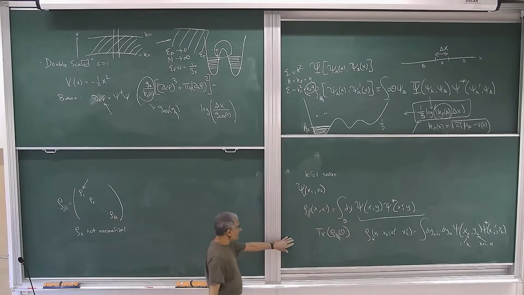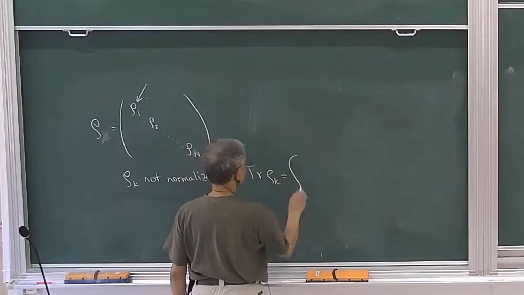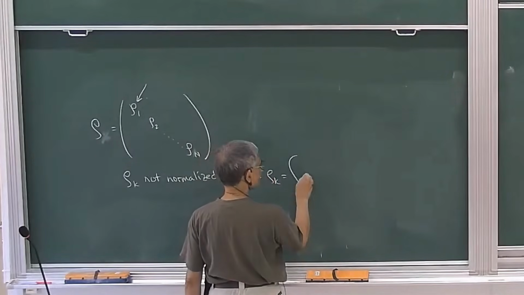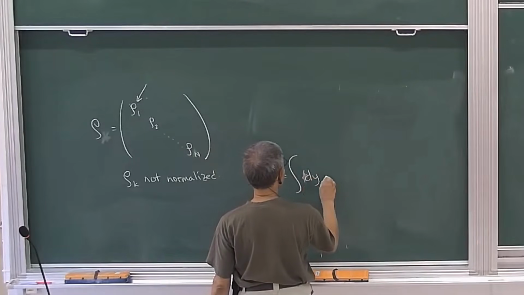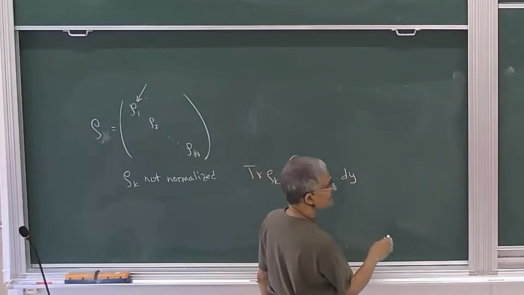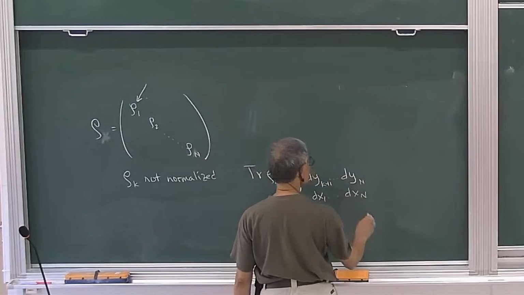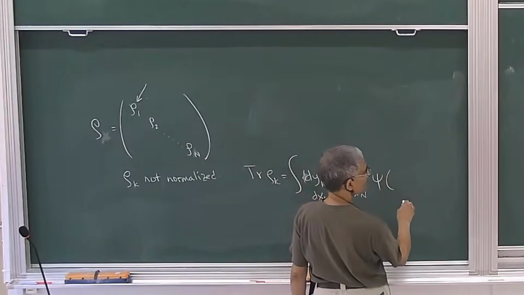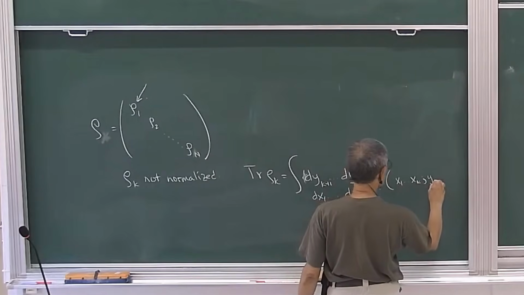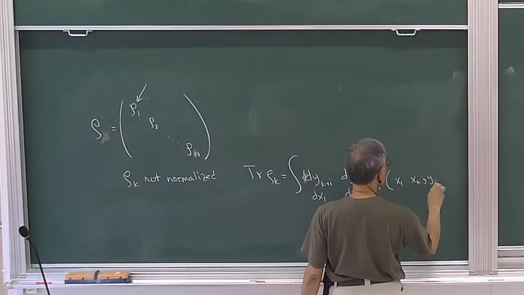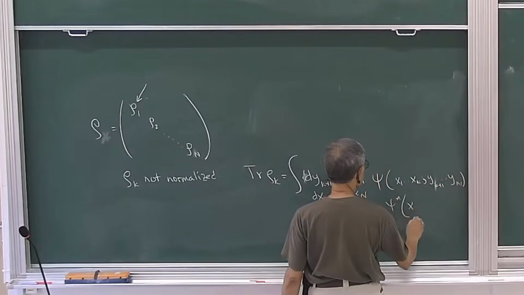From that formula, if I take the trace of rho k, just for the two particles case, or in general, it's like the integral d y k plus 1 to d y n, d x 1 to d x k, and then psi of x, y k plus 1 to y n, and psi star of the same thing, now because I'm tracing over.